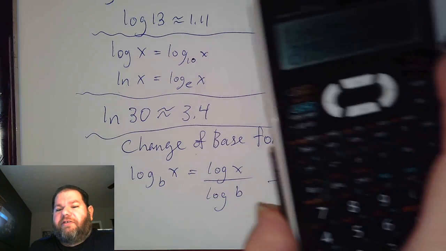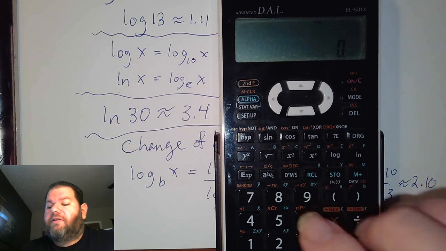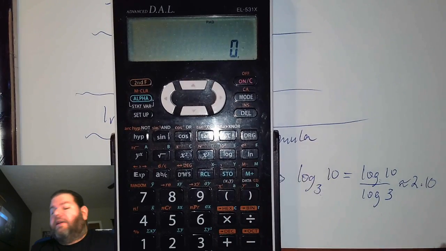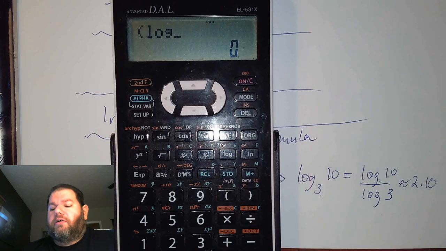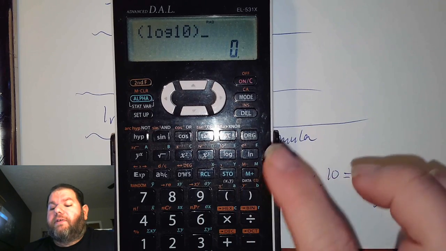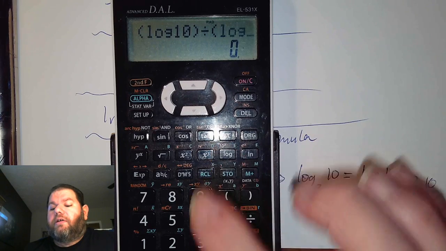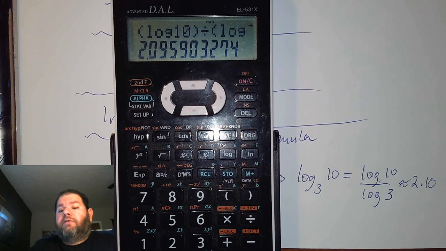That's an interesting autocorrect there, Amanda. One thing you may need to do is put parentheses around it. Log 10, parentheses, divide, parentheses, log 3. That may fix the issue that you're having. Some calculators handle it naturally. Other calculators are a little bit more needy.